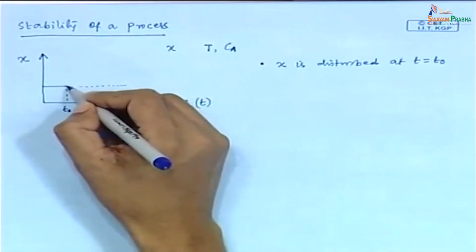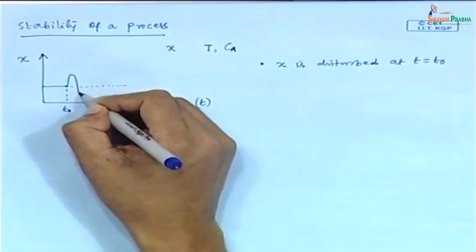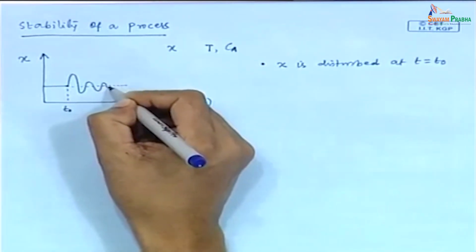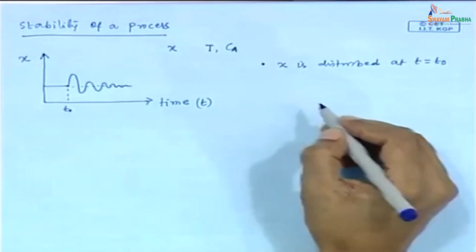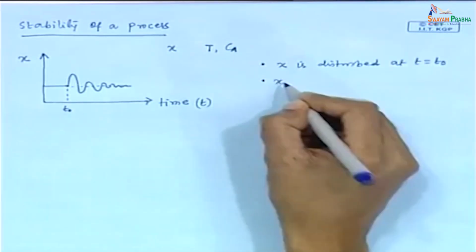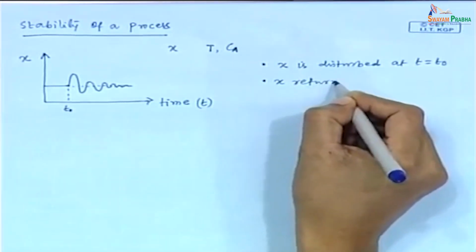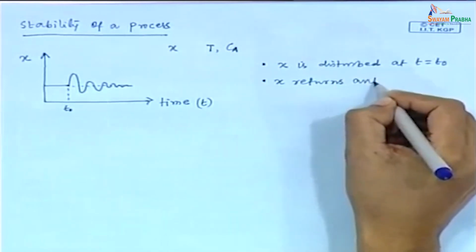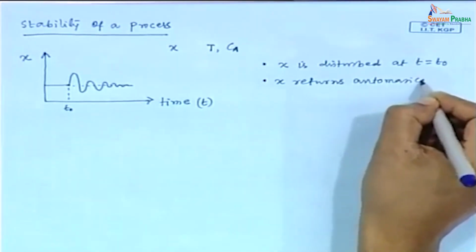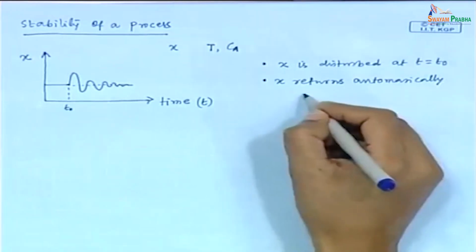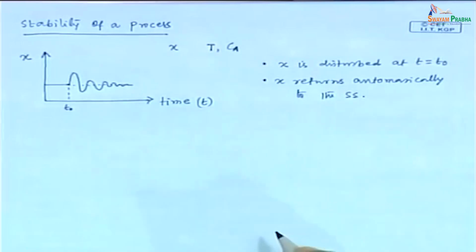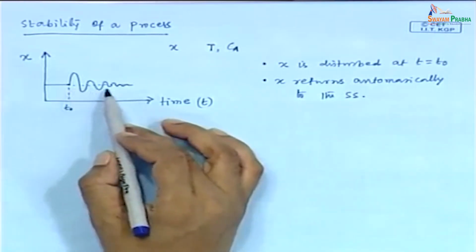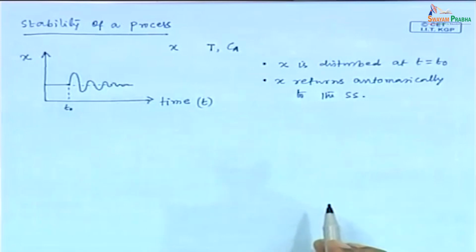Now, as a result, the x shows this type of response. That means x returns automatically to the steady state.